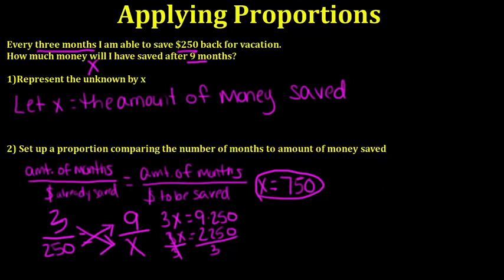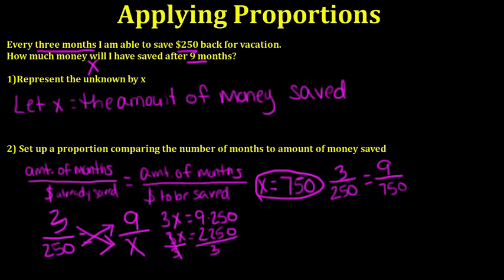Now again, we want to check our answer by plugging in the value that we found for x back into the original equation. So 3 over 250 is equal to 9 over x, which we found to be 750.